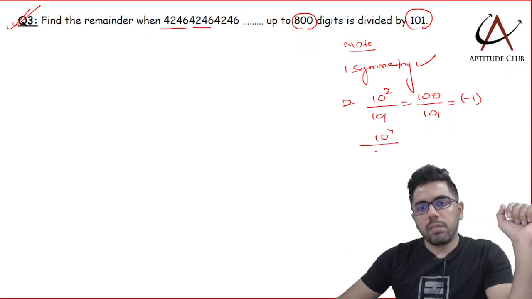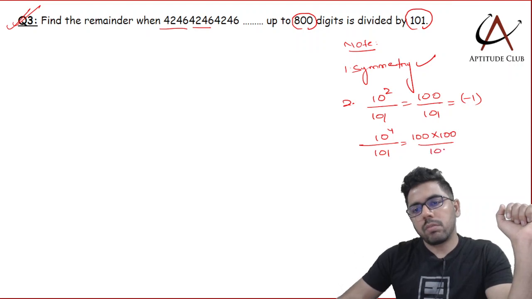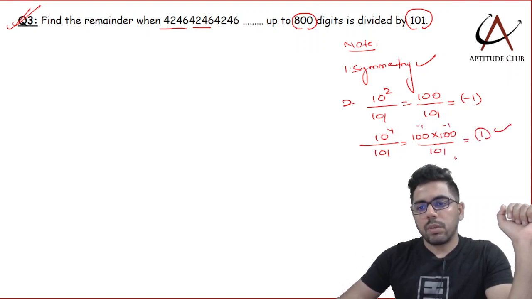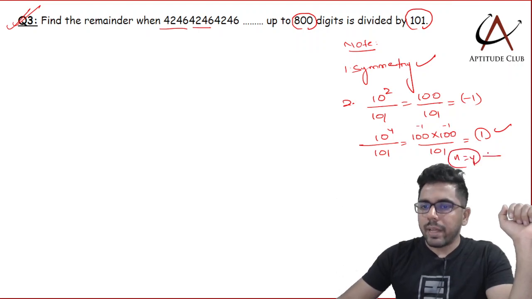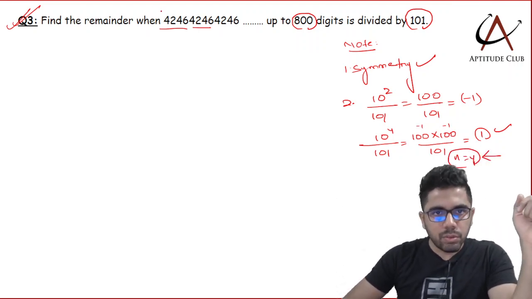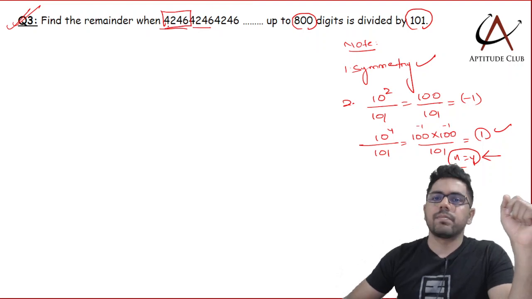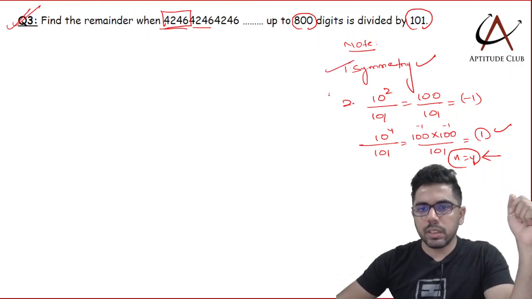तो अगर मैं 10 to the power 4 ले रहा हूँ, so it is like 100 into 100 divided by 101. Minus 1 and minus 1. Overall remainder is 1. So I can take n as 4. And if n is 4 and I am expanding in 4 digits, तो वही repeating unit भी हो रहा है. So both the conditions are met.